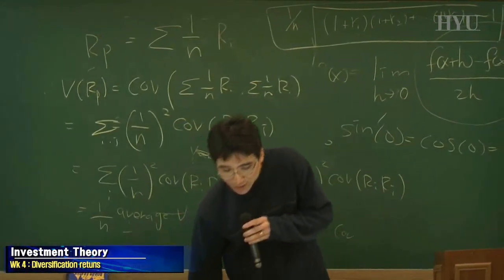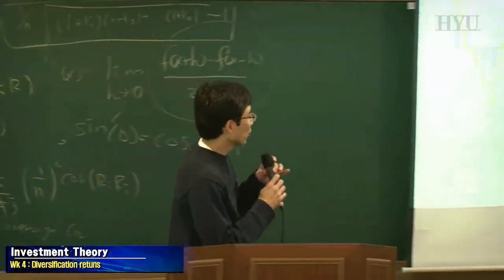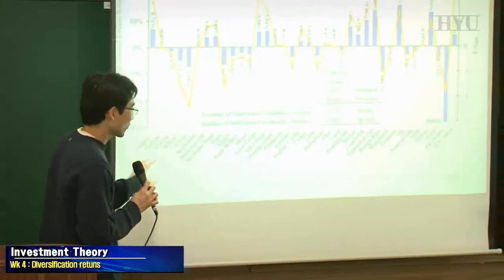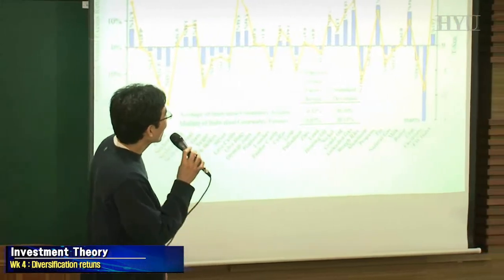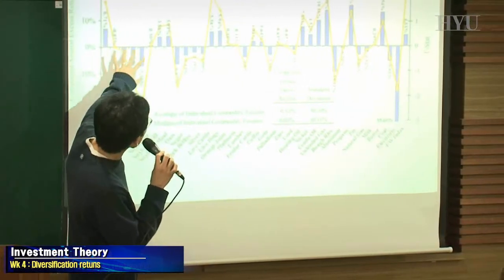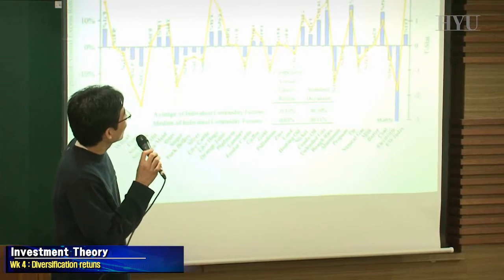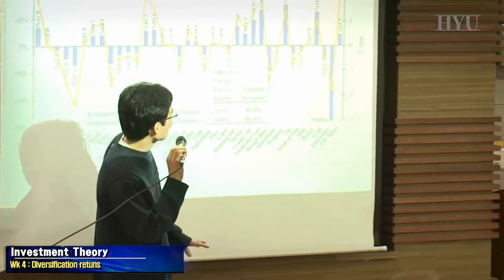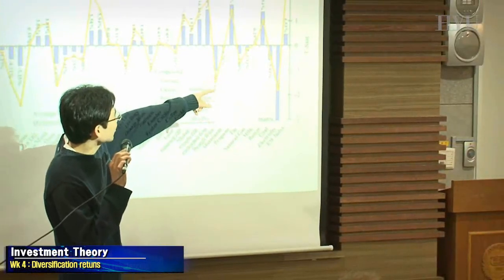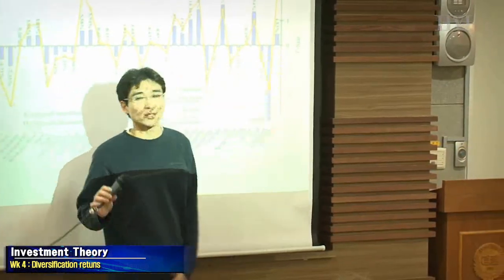And the last column is the equally weighted index. Suppose we hold each commodity future with equal weight. Since individual futures generate return not distinguishable from zero, obviously even the average is not distinguishable from zero.